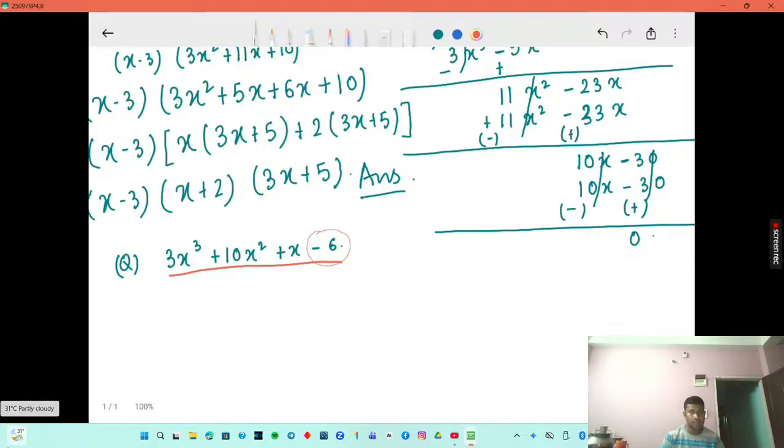So minus 6, we will take the constant part minus 6, and the factors of minus 6 are 1, minus 1, 2, minus 2, 3, minus 3, and 6, minus 6. Is it clear to you?